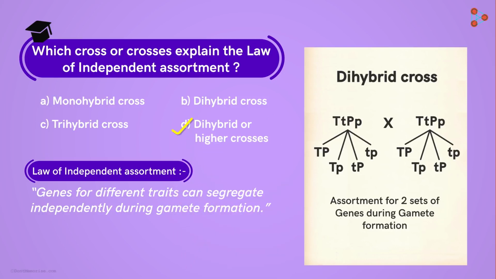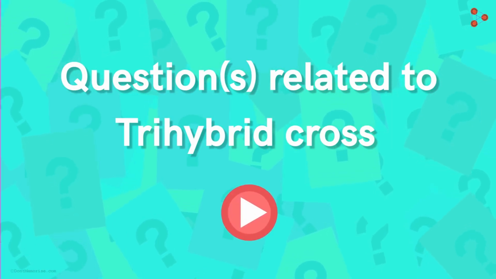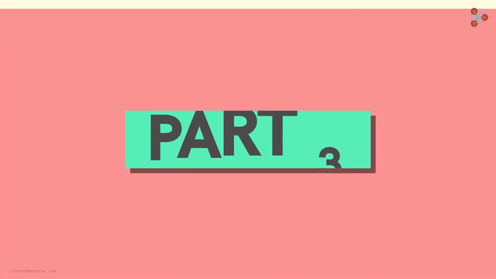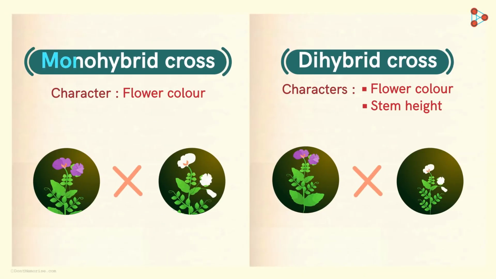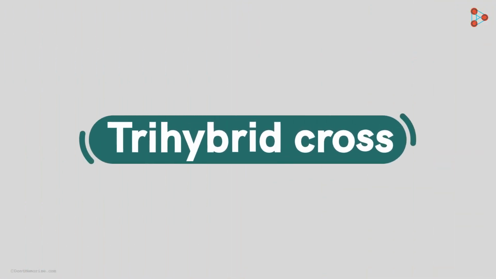We have been talking about dihybrid crosses and dihybrid ratios since quite some time. Now let's try cracking just one simple question related to a trihybrid cross in the next part. We have been talking about monohybrid and dihybrid crosses for quite a while. Now let's try answering a question related to trihybrid cross.